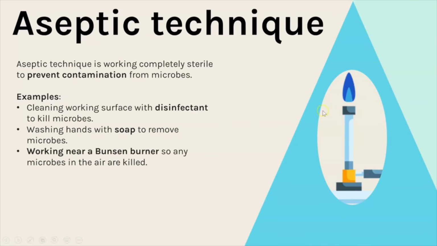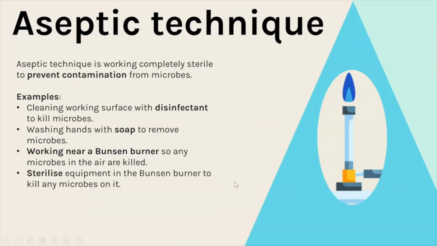We work near a Bunsen burner, and that's because air will be drawn upwards as it gets hot, following the convection currents, and then as it goes through the Bunsen flame, that will kill any microbes in the air. As that air cools, it will then go back down again, and we get this circulation of air being sterilised. So if you work near the Bunsen burner, when you have to take your lid off, the air around you should be being sterilised.